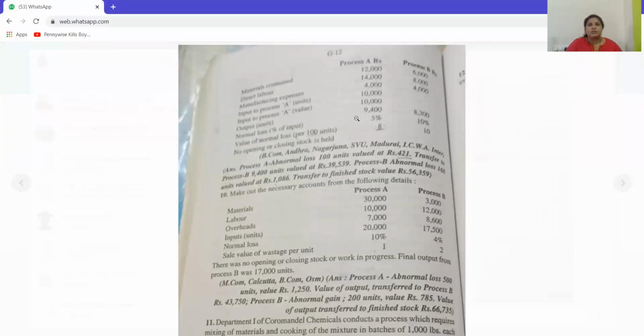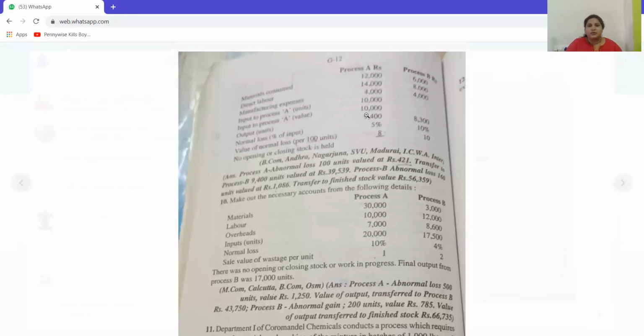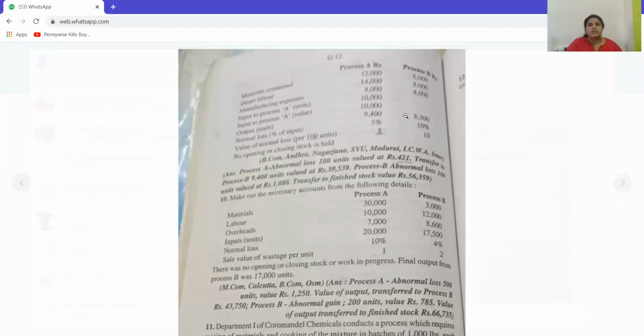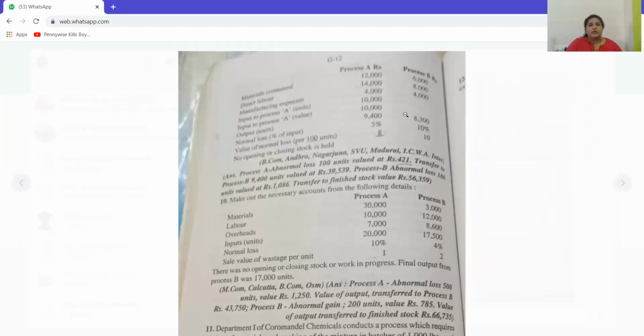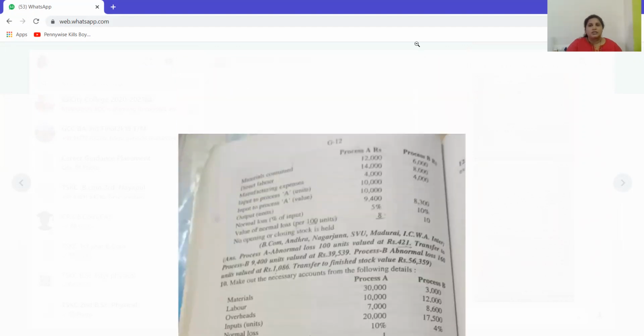They have given outputs, 9,400 for process A and 8,300 for process B, so we will try to find out whether we have any abnormal loss or not. Now let us prepare the accounts of process A and process B.